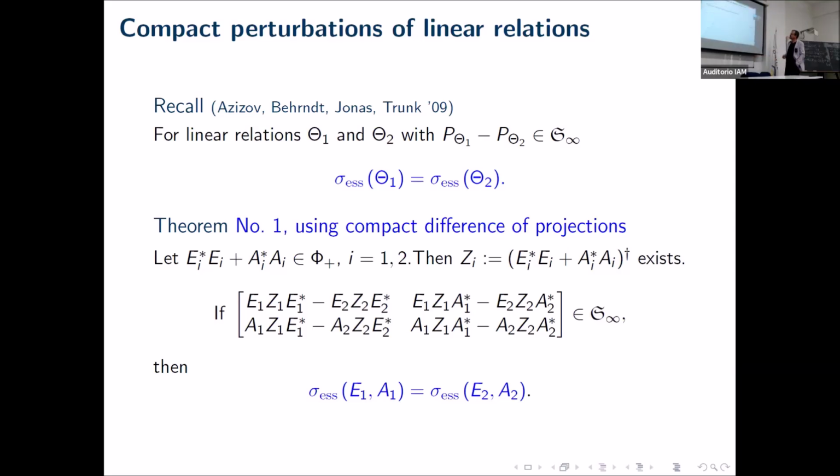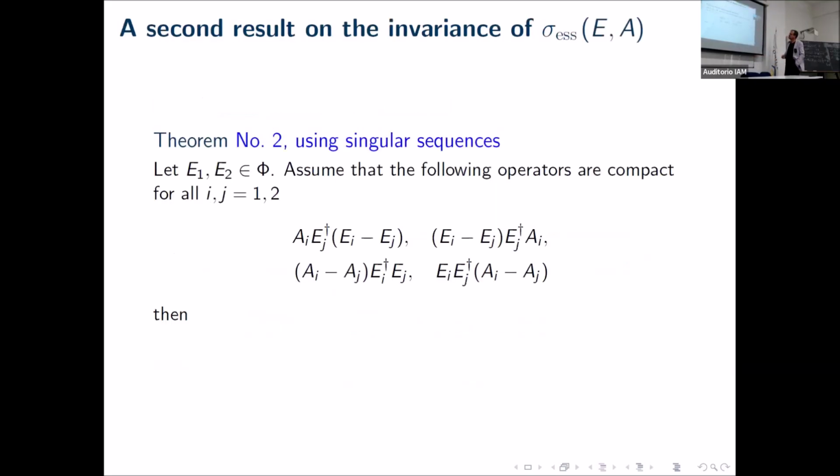And then there's a second one, I make it also short. The second way to show essential spectrum: there is a characterization for a point to be in the essential spectrum which uses approximating sequences.